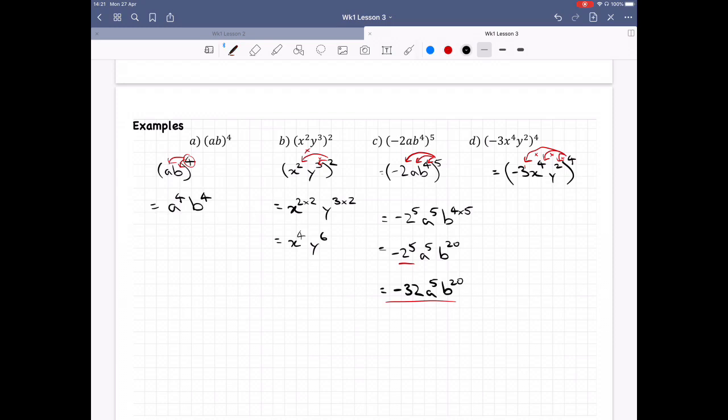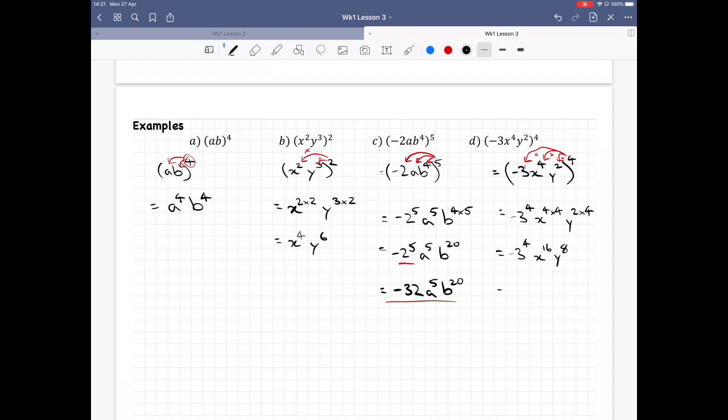So we are going to have minus 3 to the power of 4, x to the power of 4 times 4, y to the power of 2 times 4. So we have minus 3 to the power of 4, x to the power of 16, y to the power of 8.